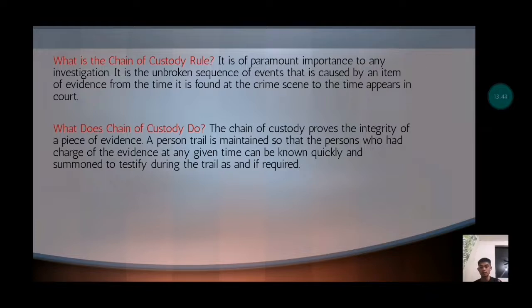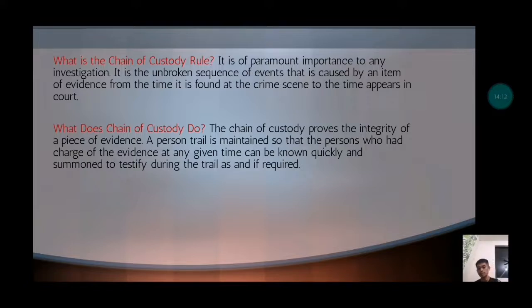Every link is documented by date, time, handling individual, and what was done with the evidence by that individual. If the chain of custody is broken, if evidence cannot be accounted for in one step of its journey from the crime scene to the courtroom, it is rendered inadmissible, useless to the case.